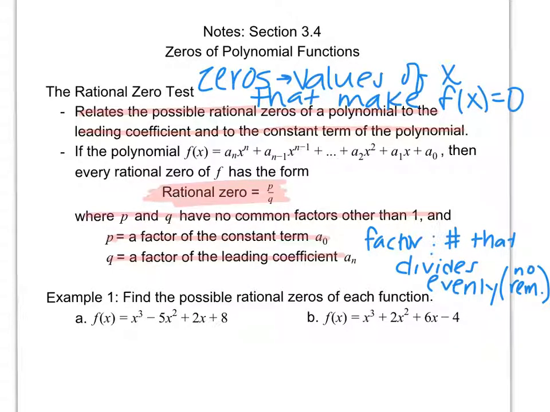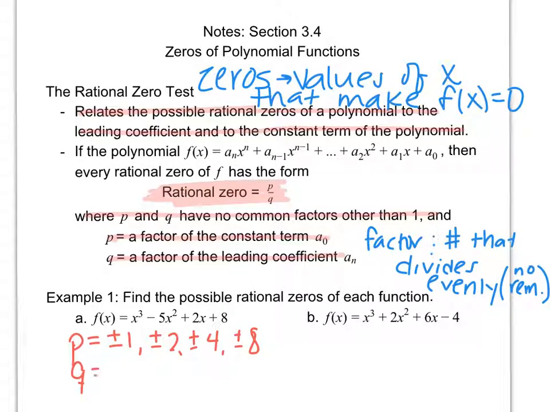And so, for example, if we're looking for the possible rational zeros of these functions down here, when we take p, which is the 8, and we find factors of 8, things that divide evenly into 8, we get positive and negative 1, positive and negative 2, positive and negative 4, positive and negative 8.